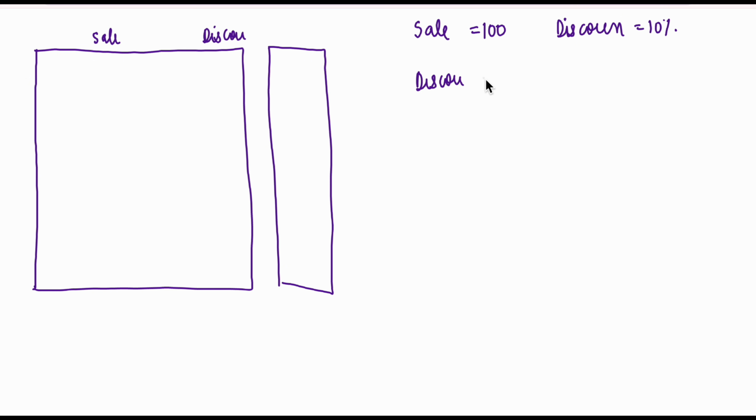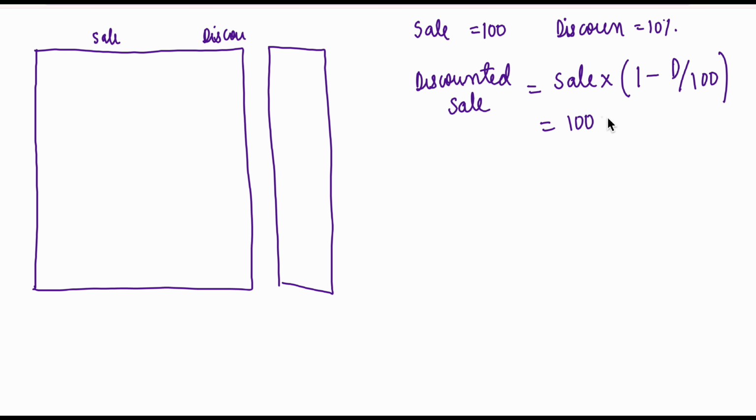You will simply say sale into 1 minus discount by 100. Or you can say simply, if a 10% discount is there, it means 100 into 90%. As simple as that, which is equal to 90.